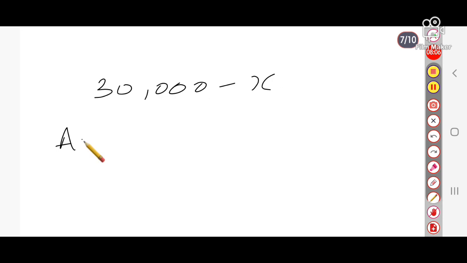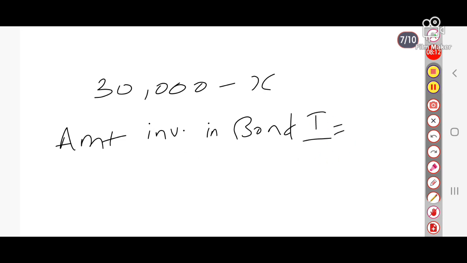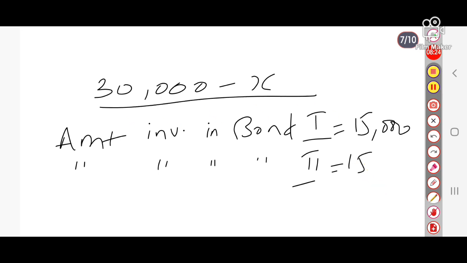Therefore the amount invested in bond 1 will be 15,000. The amount invested in bond 2 will be 30,000 minus 15,000. We again get 15,000. So this is what they have asked in the question. We need to find the total amount invested in type 1 and type 2 bond, that is 15,000 in each. So this is the 19th question.